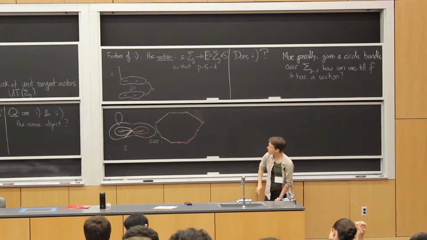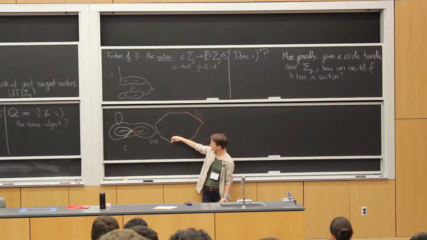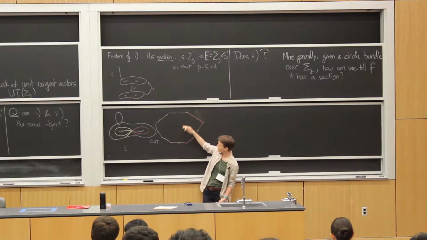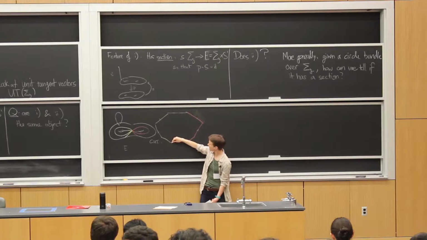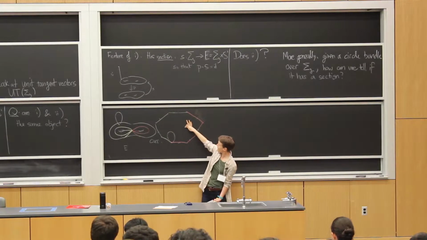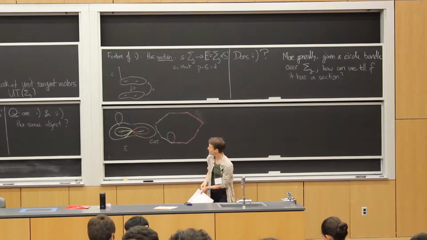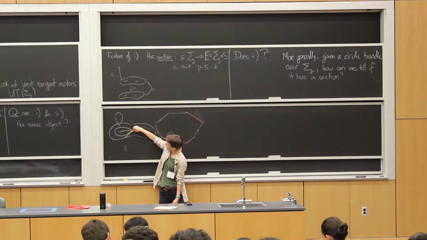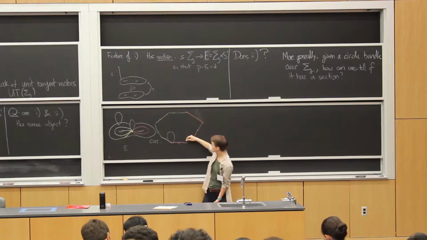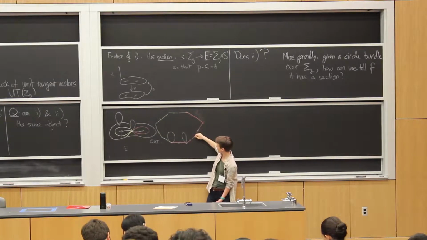Okay, so that's just the surface part, but remember I have a circle sitting over every point of this. But as I unroll it, I can really flatten it out to this octagon cross circle. So for instance, the circle over this point at the intersection of all those curves will appear 8 times, once at every vertex.